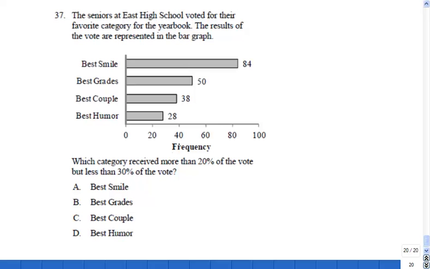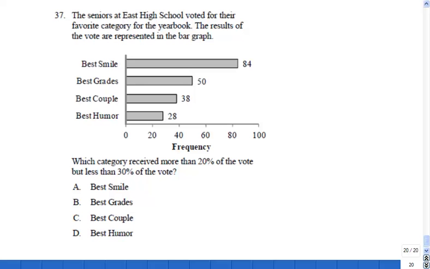And how can we find that? Think about it. You're looking at the data, looking at the graph, and thinking about how I can find the total number of votes for this survey, right?